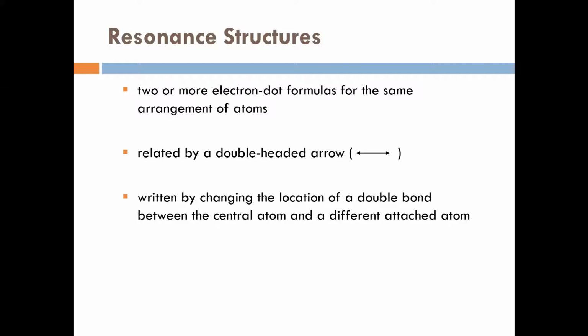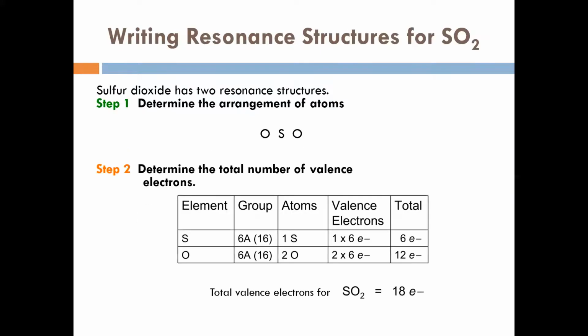And we really will see, well, a good example of this is the one coming up. And I know this is kind of a big concept to get, but it's when you have 2 or more electron-dot formulas for the same arrangements of atoms. So it means that the double bond could have been present on one of the other atoms, okay? And in nature, it just means that that bond would actually move, so the location of them is different.